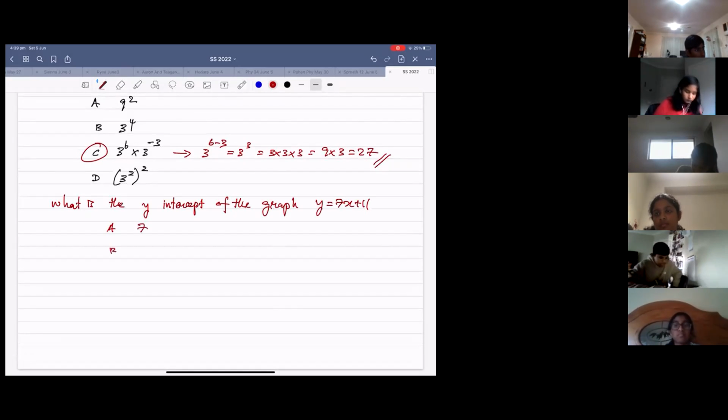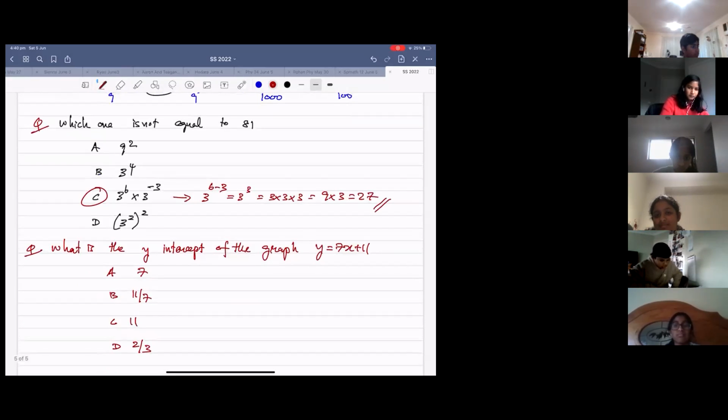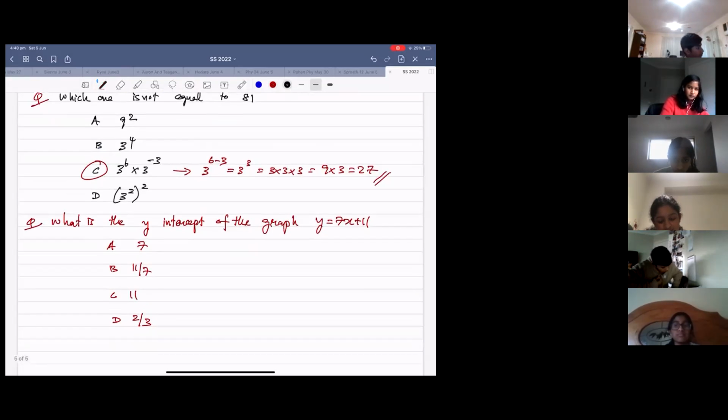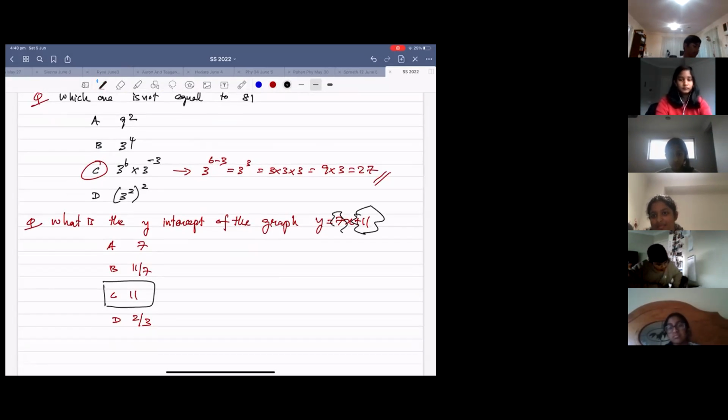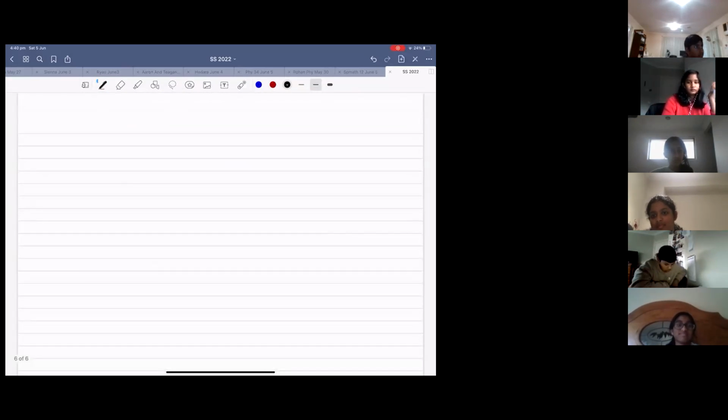A, 7; B, 11 divided by 7; C, 11; D, 2 divided by 3. Is the answer C? Answer is C. Again, this is the exam question. So this is called the y-intercept. This is called the slope. Okay, so you can see how easy these questions are. But when I am training you, yes, the training is hard. Okay, next question.